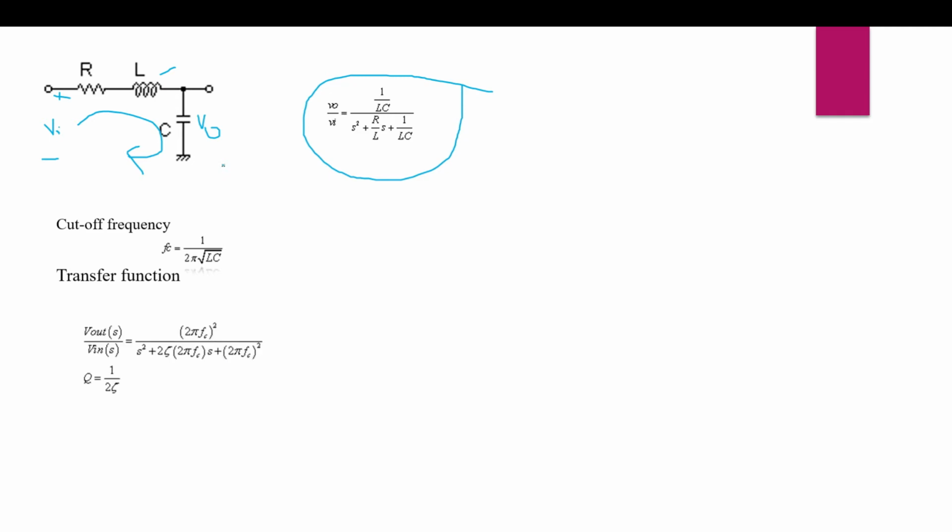Then we substitute this value of Fc in the output equation, so V out by V in equals (2 pi Fc) square by s square plus terms, replacing the value of 1 by LC in the equation, and we get the final transfer function of V out by V in in the s domain.